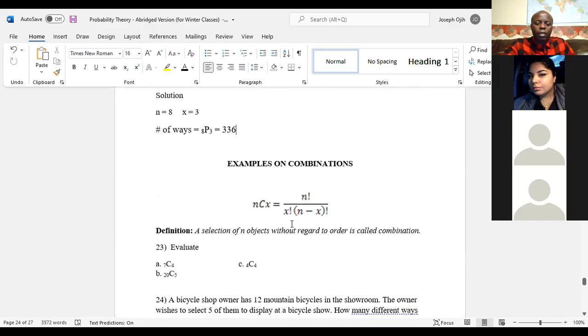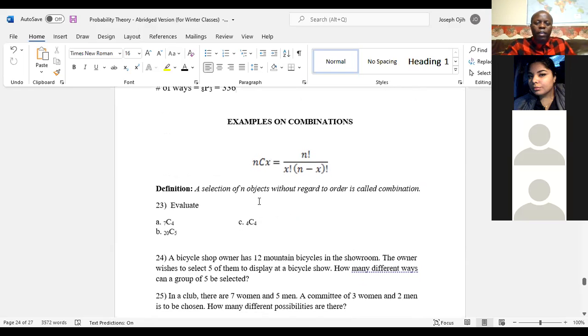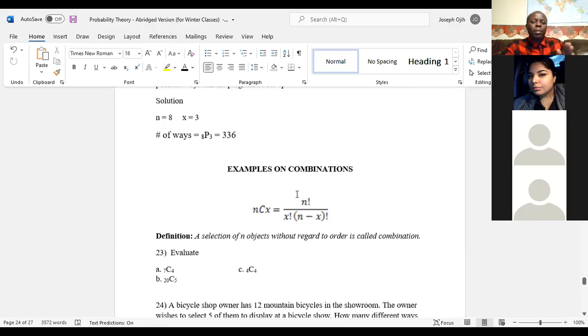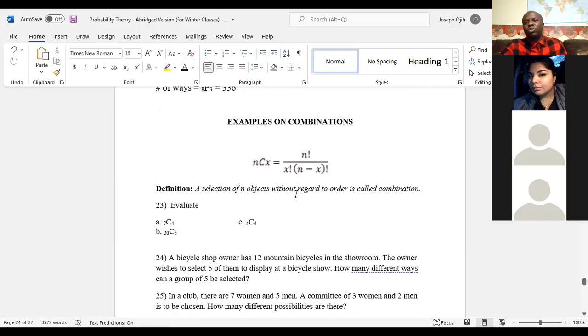Now, a selection of n objects. In permutation, there is a specific order, but in combination, there's no regard to order. In that case, we use this formula. Again, I encourage you to practice it if you have a chance. You can see the factorial notation right here, in both of them.